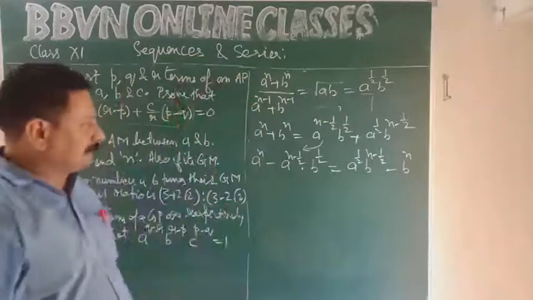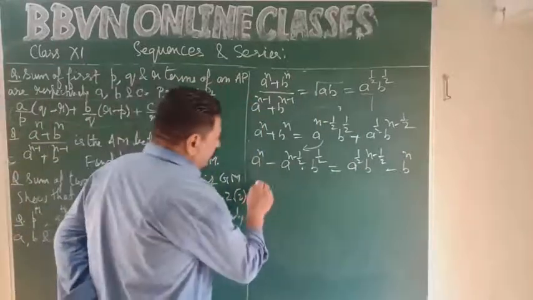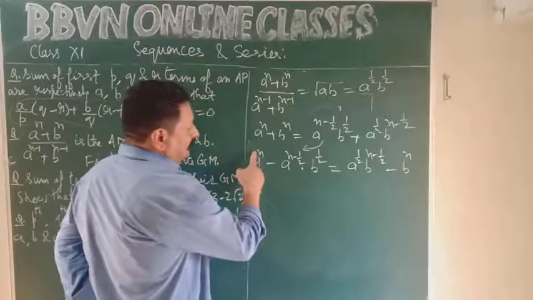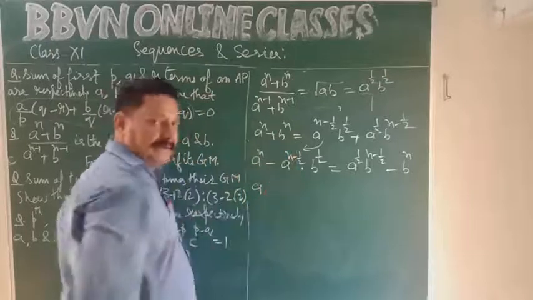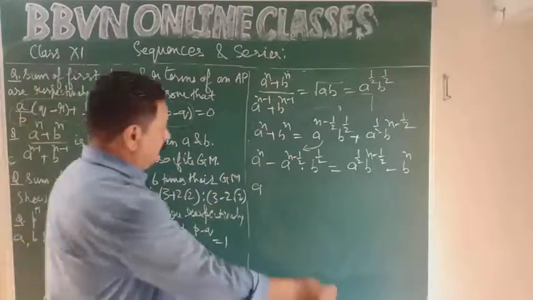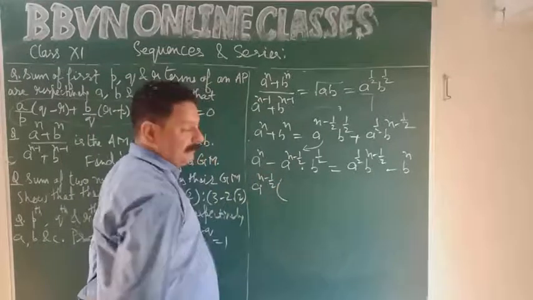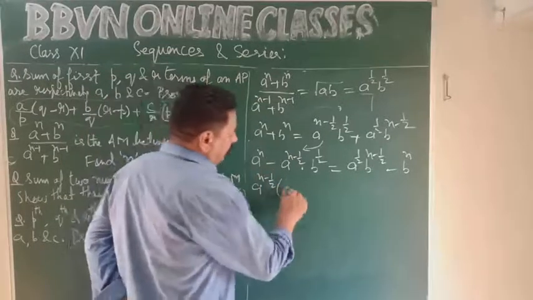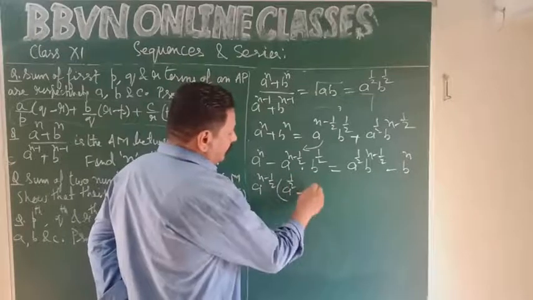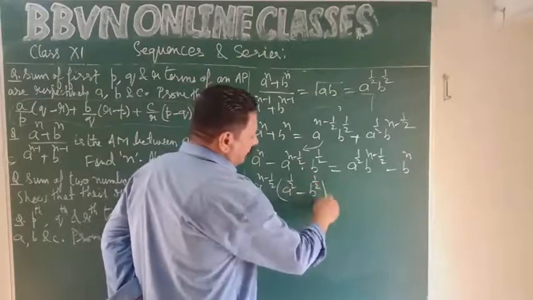Okay, I can do one thing, a power n minus half can be taken common, so here we will be left with a power 1 by 2 minus b power 1 by 2.